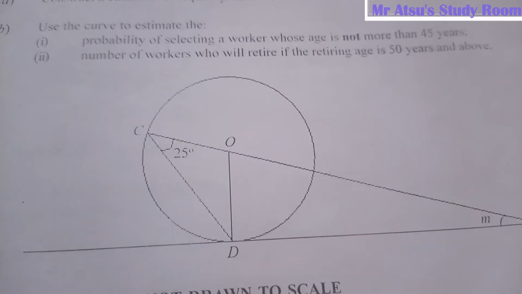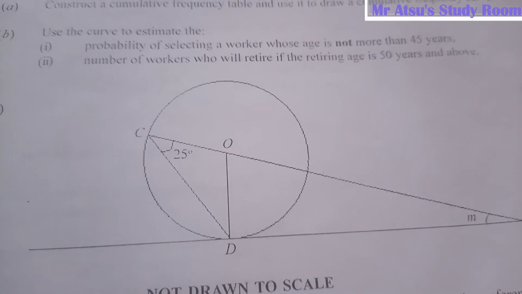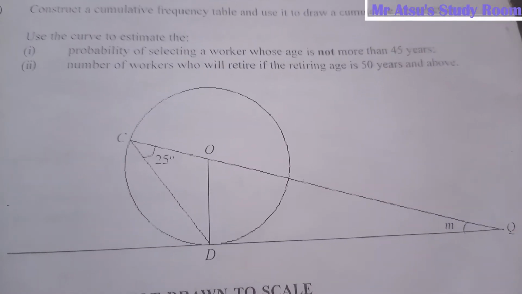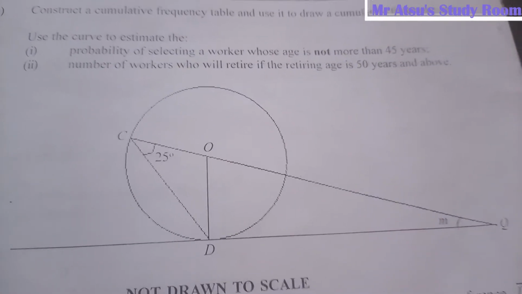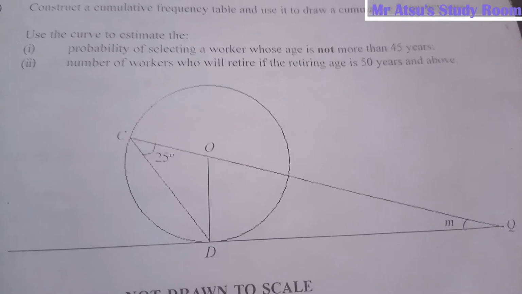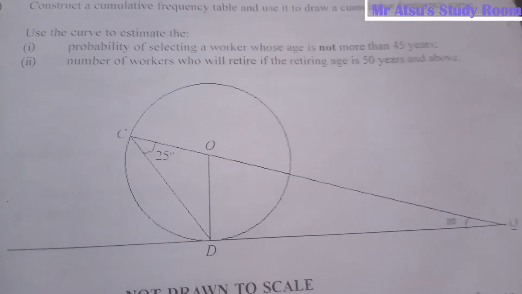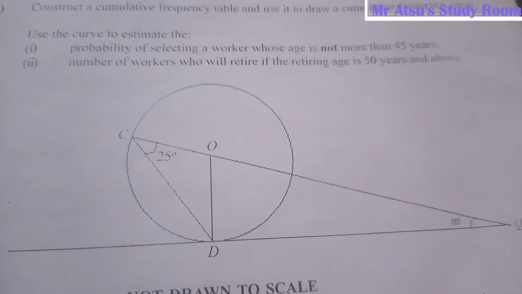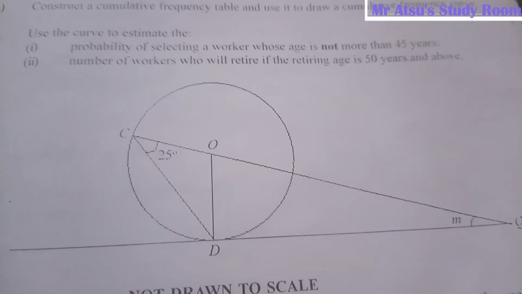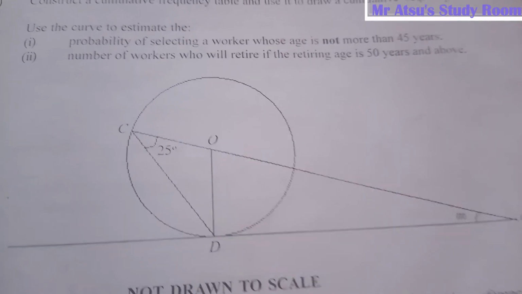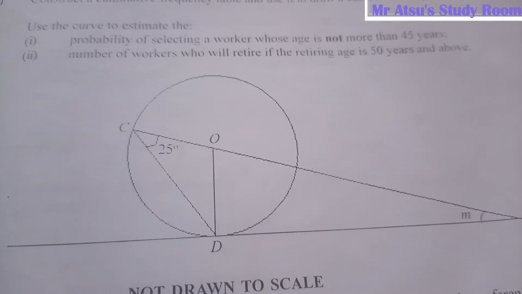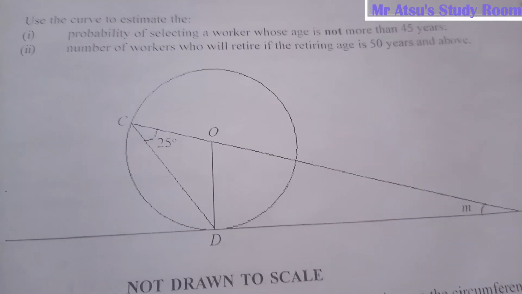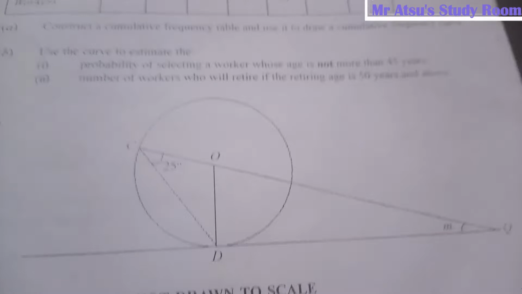So with the explanation I've given, we can also write that angle QOD will be equal to angle OCD plus angle CDO, which will give us 50 degrees.